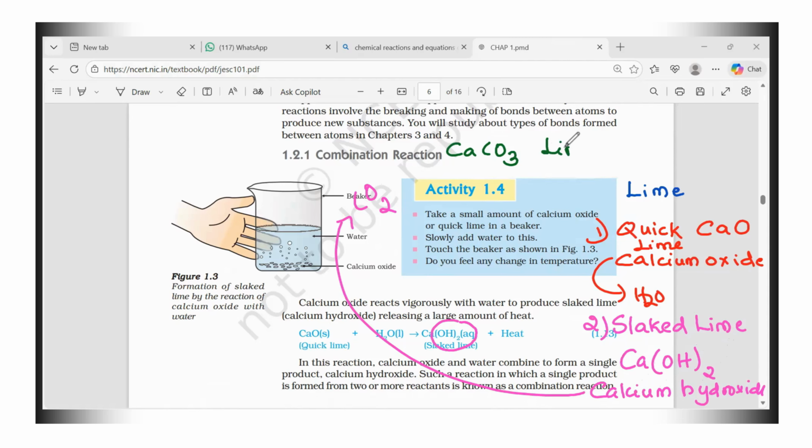This is called limestone, or another name is marble. So the chemical name is calcium carbonate. There are three limes which come in grade 10: quicklime, slaked lime, and calcium carbonate or limestone.